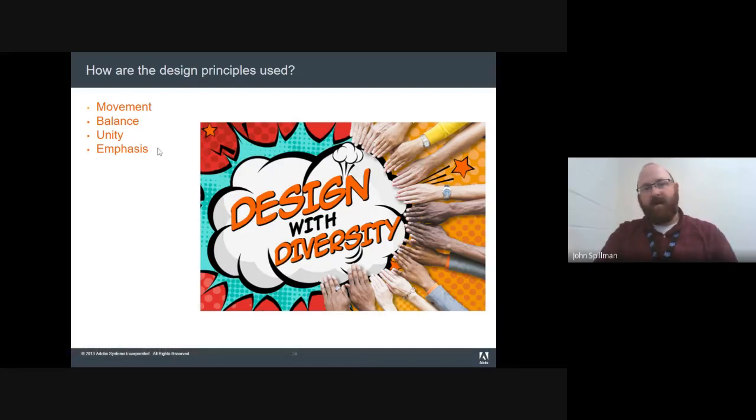Okay, unity. We can say that the entire design, minus the hands, has a comic book feel and style to it. Notice the bold lines. The font used here looks like comic book font or lettering. We have the stippling in the background.